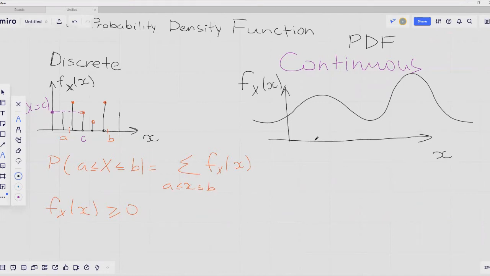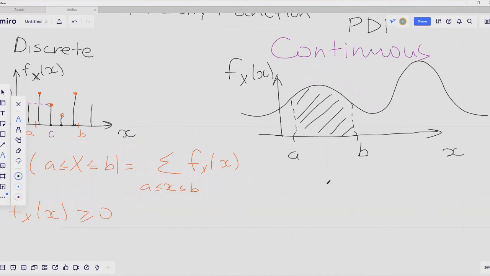Then, if we are looking for probability of random variable x lying in some interval, let's say from point A to B, then we have to calculate an area under our probability density function. Now, to find an area under a graph of some line, we have to integrate.